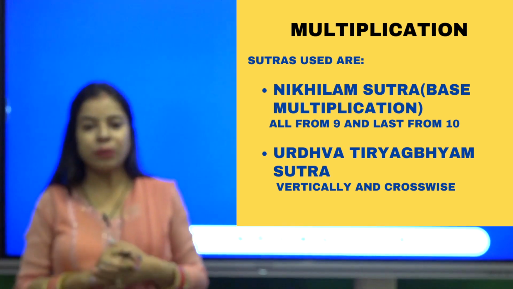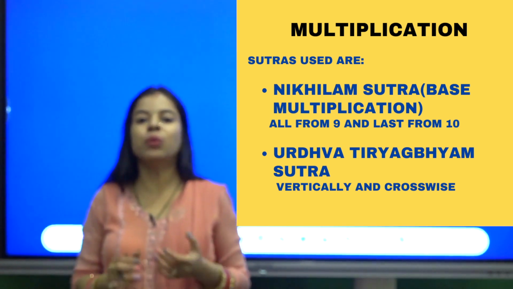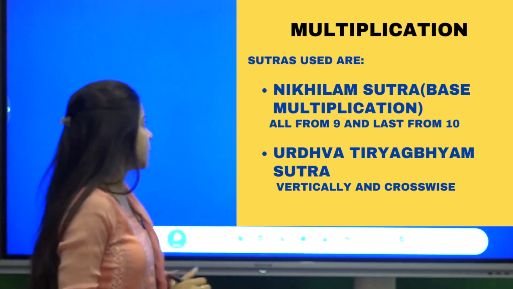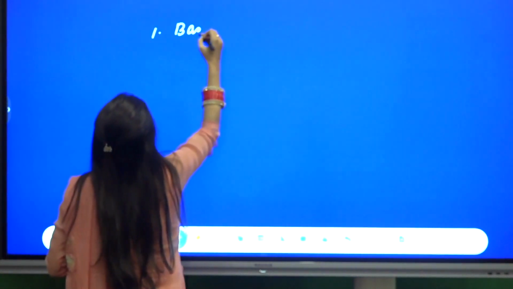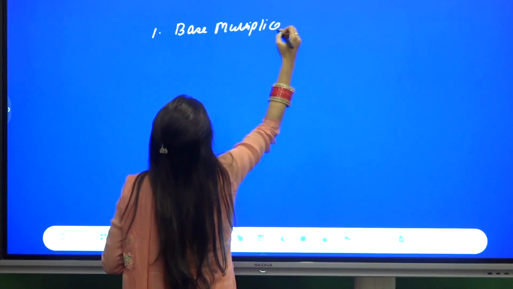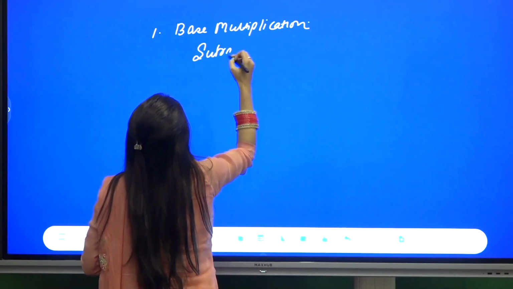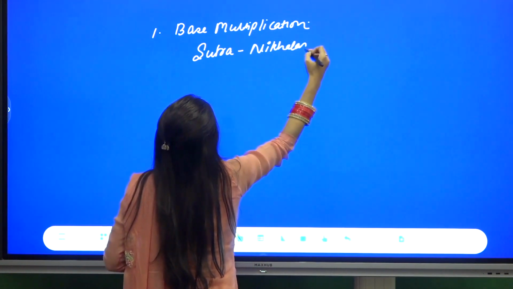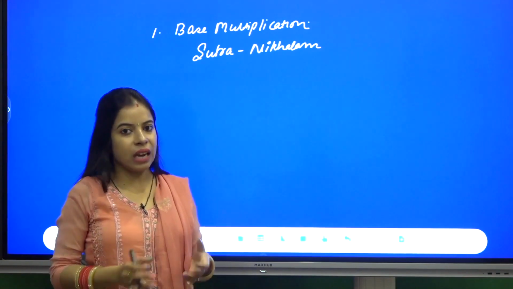Let us start with the multiplication operation, and the first technique that I am going to discuss is the base multiplication technique. The sutra that we are going to use is the Nikhilam Sutra, which means all from 9 and last from 10.